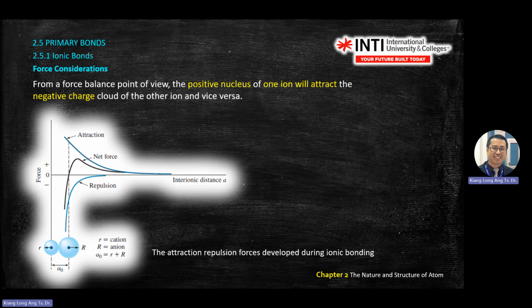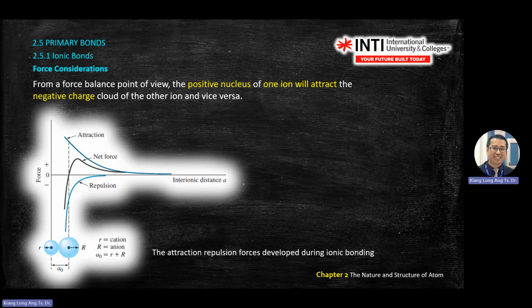So A0 equals small r plus capital R. This is the optimum distance A0 equal to r and R. Small r is the cation, cation means positive charge. Capital R is for the anion.